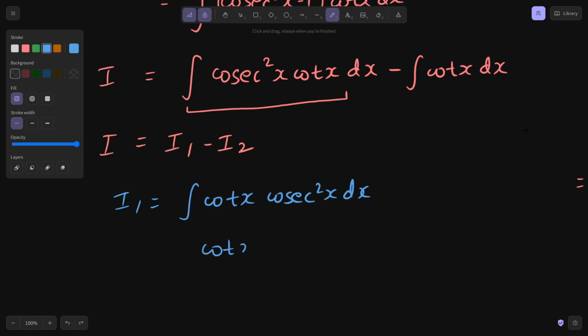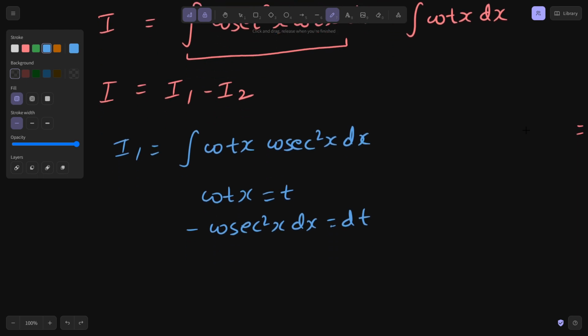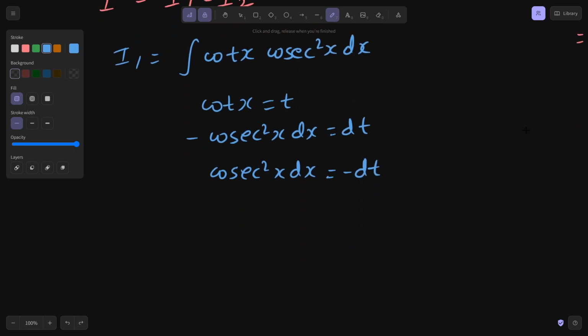Take cot x as t. Derivative of cot x is negative of cosecant square x. So from here you can write cosecant square x dx as negative dt. Coming back to I1, in place of cot x I write t, in place of cosecant square x dx I write negative of dt.